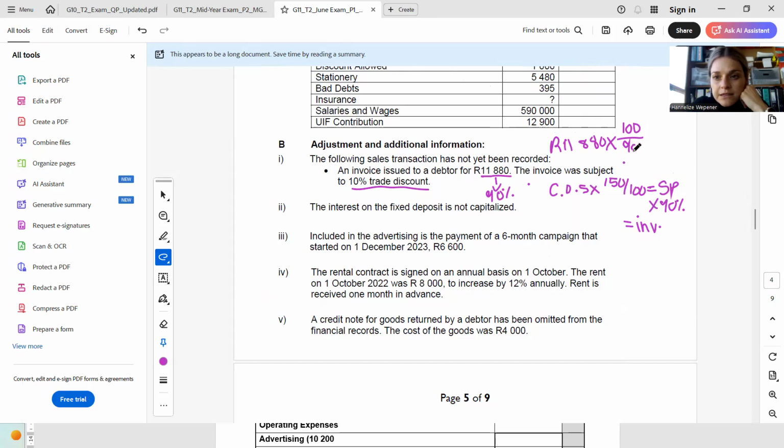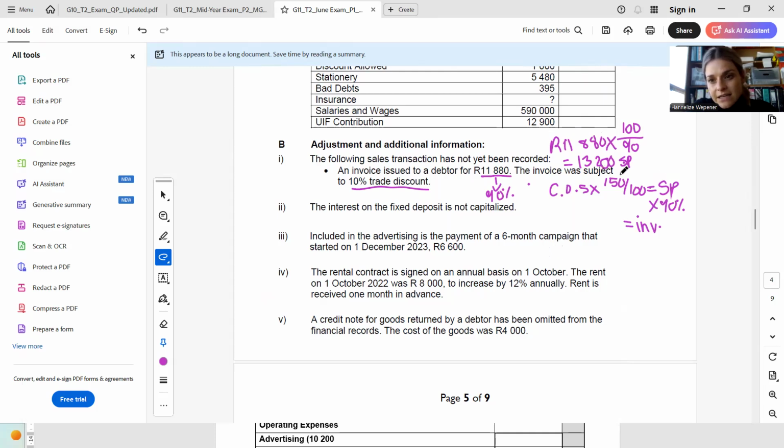I'm working with the 90% of that selling price. So that is 11,880 times 100 divided by 90. You can follow on your own calculators, 13,200. So that was my original selling price, not the discounted price.